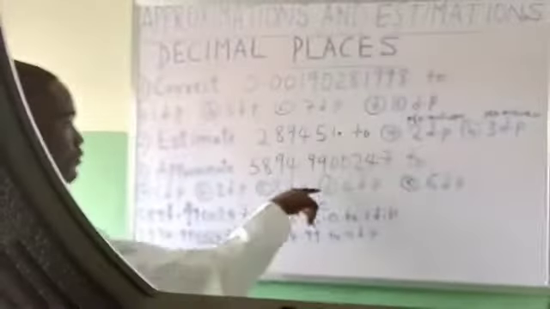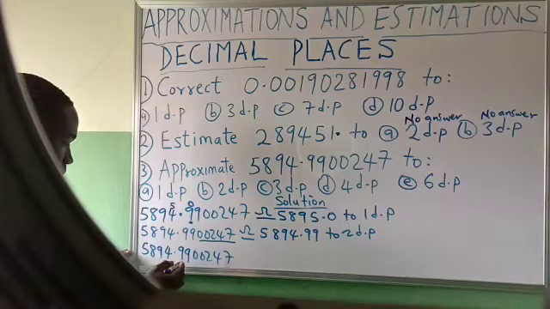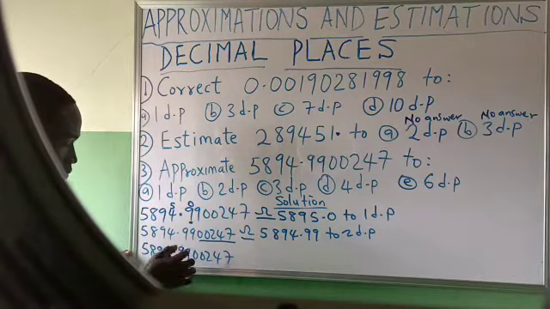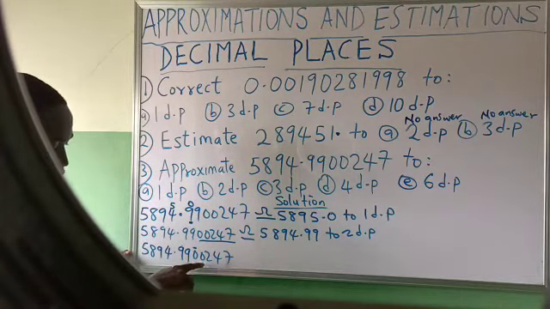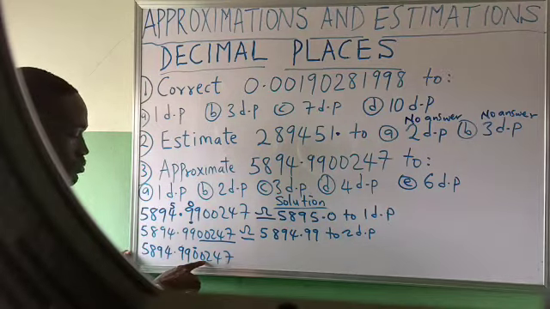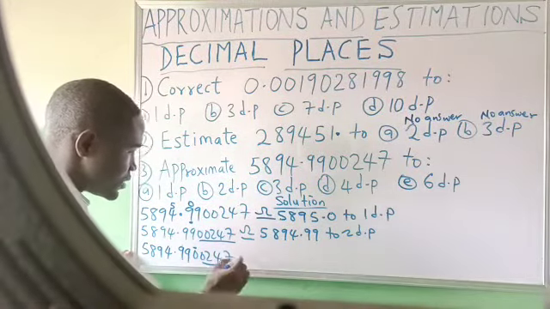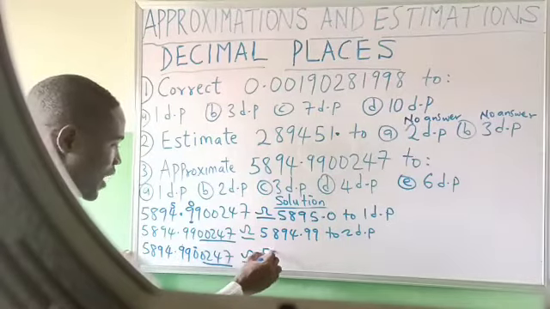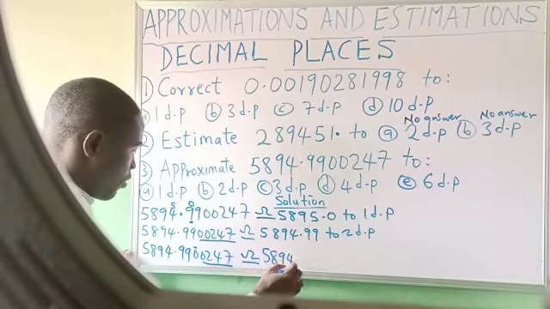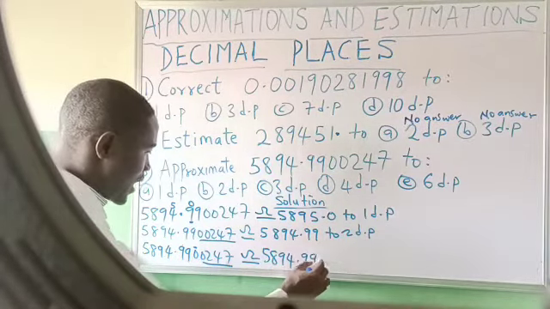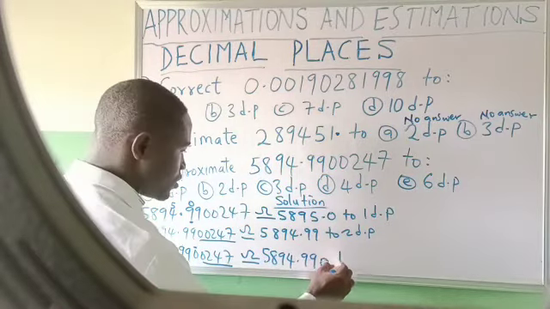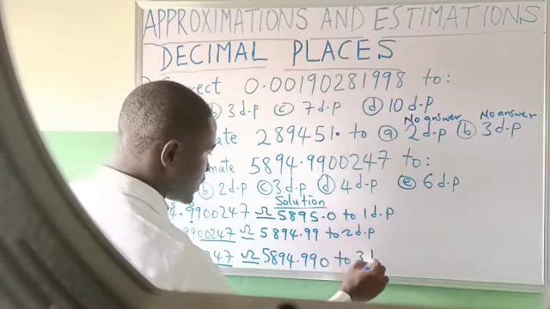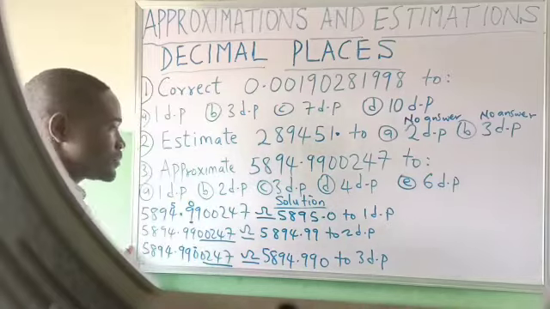So 3 decimal place, 1, 2, 3. We stop at 0. Now the next 0, are you up to 5? No. 0 is not up to 5, so we forget about it. We'll put our sign of approximation and we'll write 5894.990. We say to 3 decimal place.